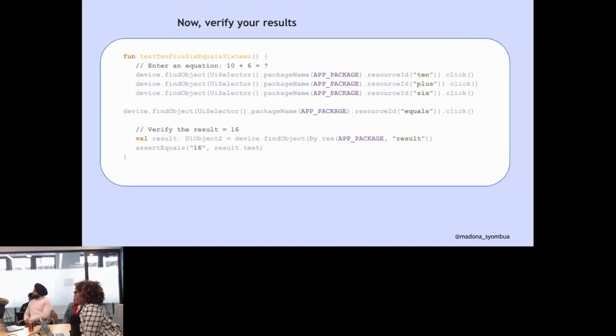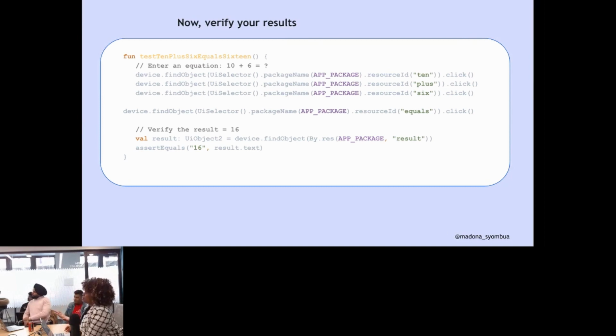Now, this is what I wanted to showcase. I think this one is pretty easy to understand. As you can see there, we have enter an equation. Let's say, for instance, we have 10 plus 6, which will be equal to 16, right? The only problem I found with this is that the way we used to say Java had a lot of boilerplate code, I feel like this is the same situation.